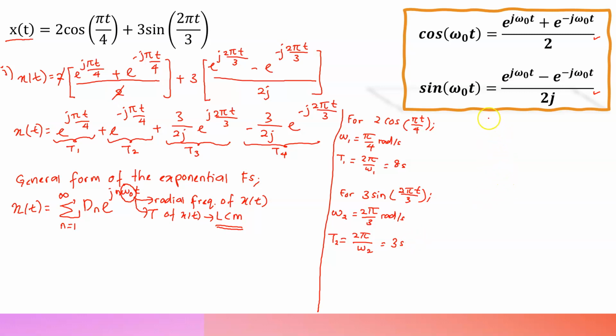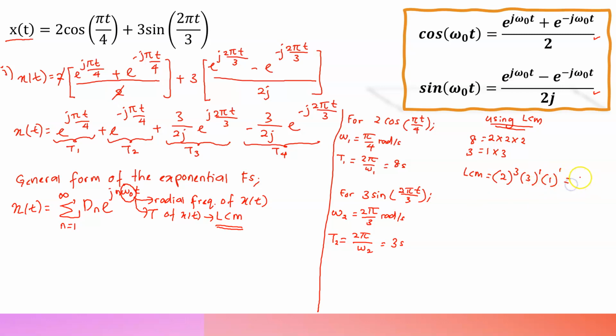Now you have to use the least common multiple method. We have two numbers, 8 and 3. 8 is equivalent to 2 times 2 times 2, and 3 is 1 times 3. So the LCM equals 2 to the power of 3, because the number 2 occurs 3 times, multiplied by 3 to the power of 1, because 3 occurs only 1 time, and multiplied by 1, which also occurs 1 time.